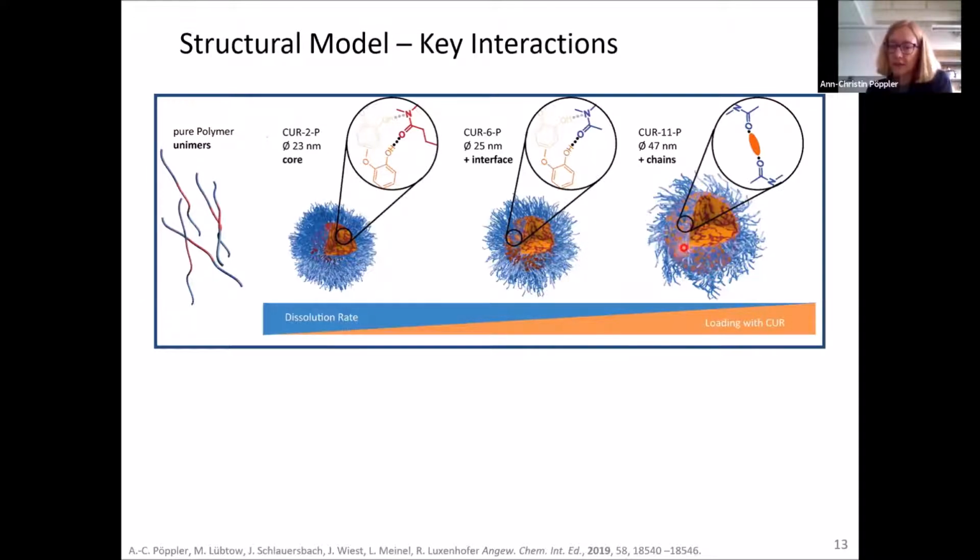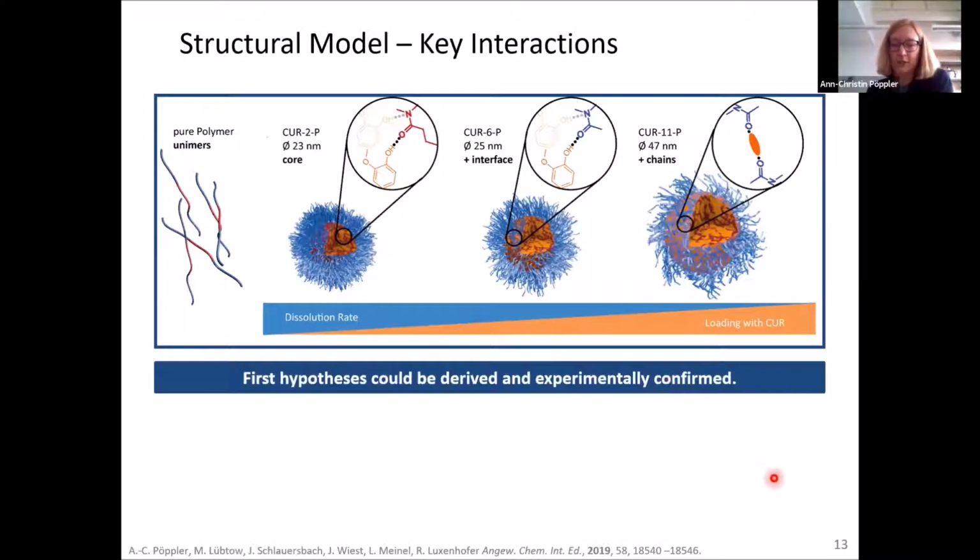And if you now think of lots of these hydrophilic units coordinating curcumin, it means that the curcumin is fighting with the water molecules for these coordination sites. And if the amides in the hydrophilic chains are not so available for the water molecules anymore, it means that we have to compromise the solubility or the dissolution of these particles.